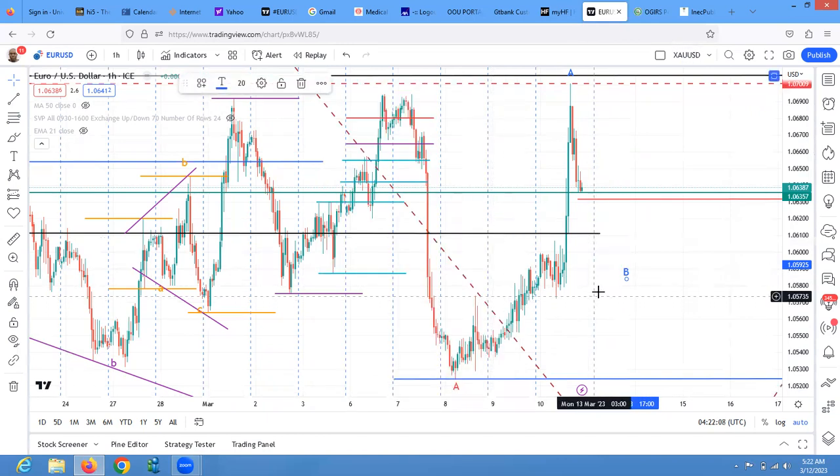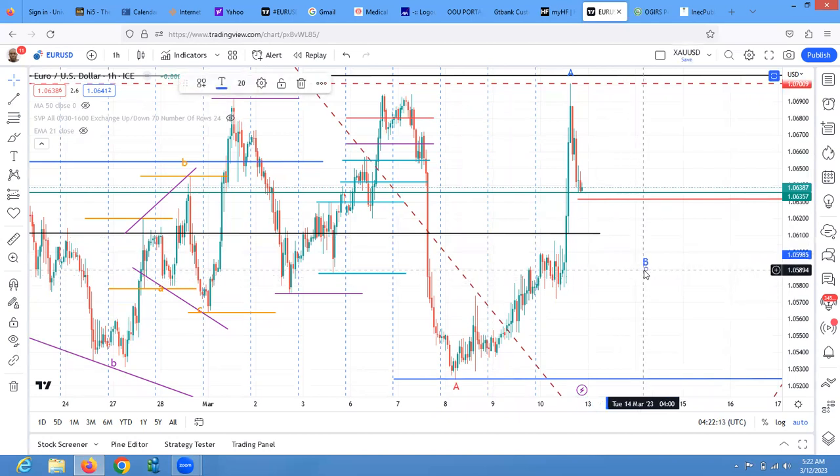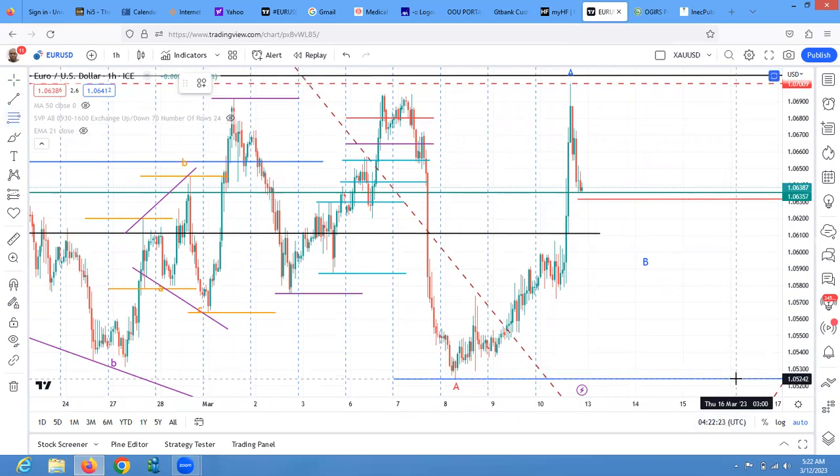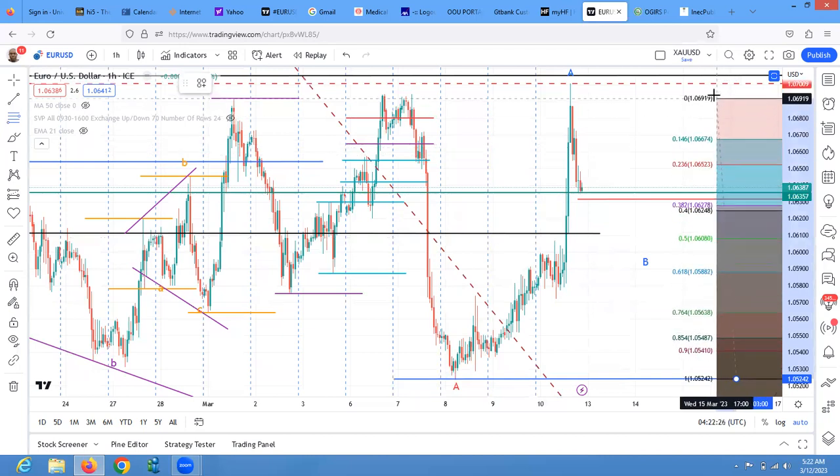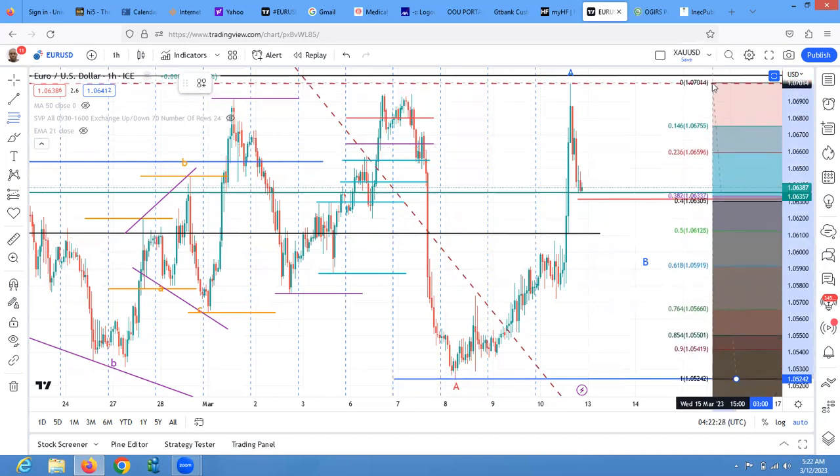And if we are going to join at B blue, we should be expecting a correction, probably around this area of the entire run. Let's just have a rough idea.